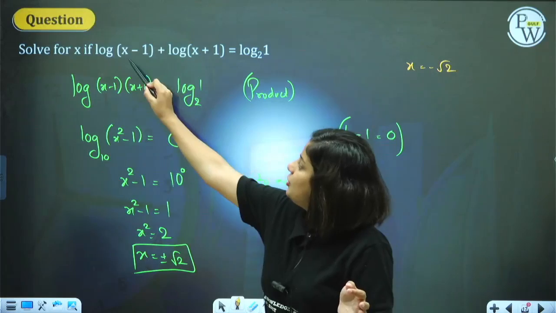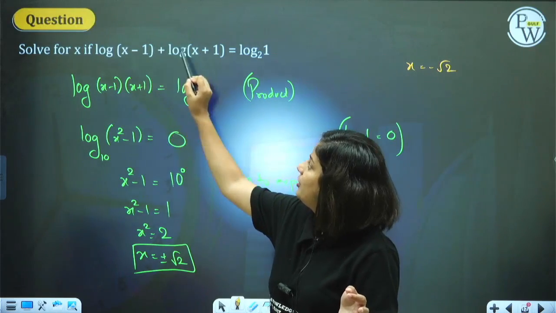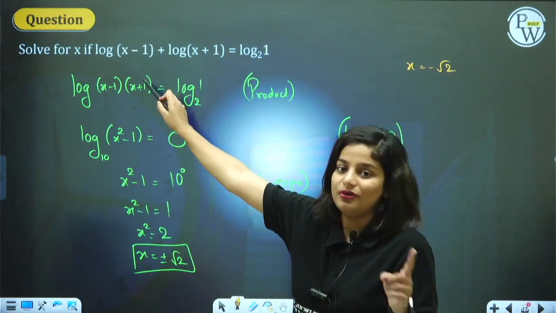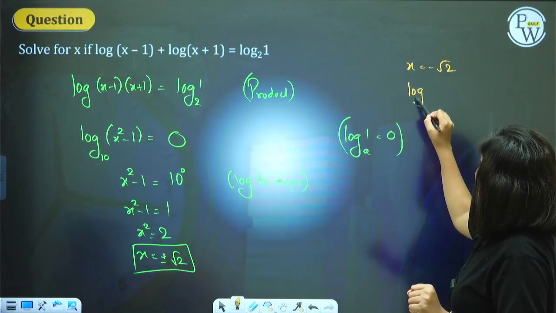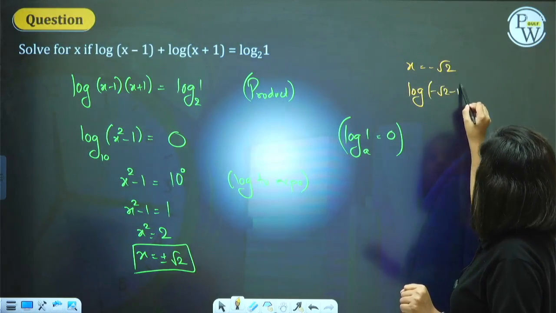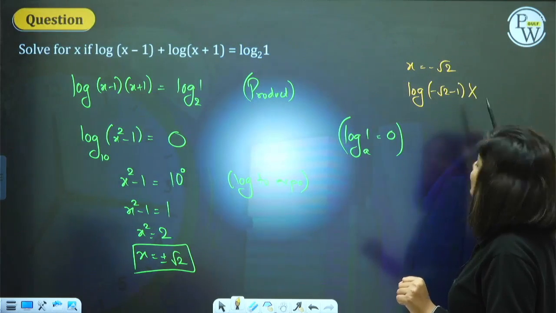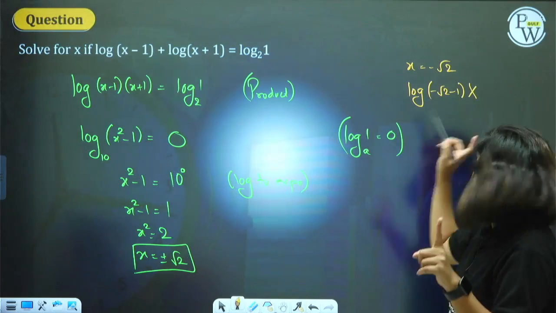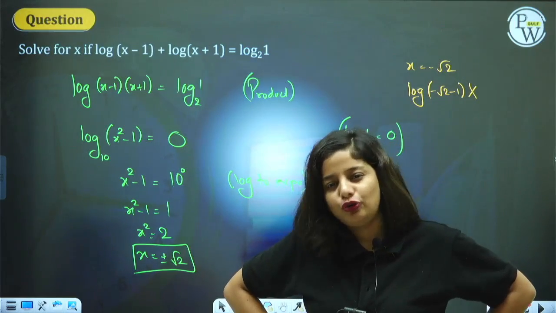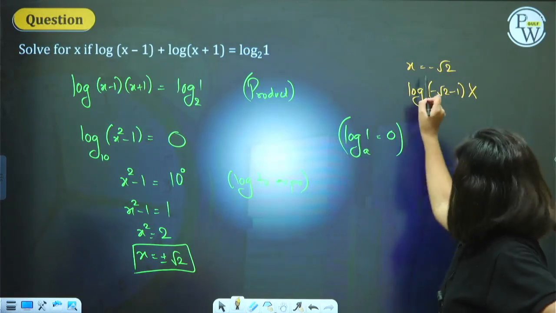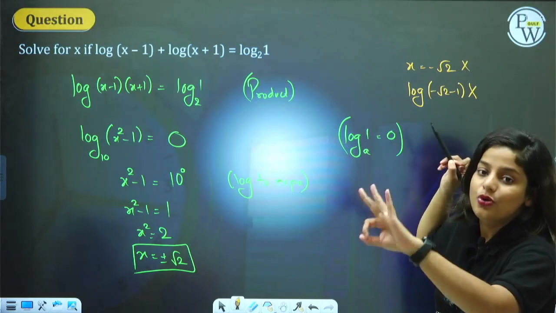So if you substitute x as minus 1.414 in x minus 1, what will happen to the log? Minus root 2 minus 1 is a negative number, which doesn't exist. Log of a negative number doesn't exist. So can I take x as minus root 2? No. x as minus root 2 is not allowed.